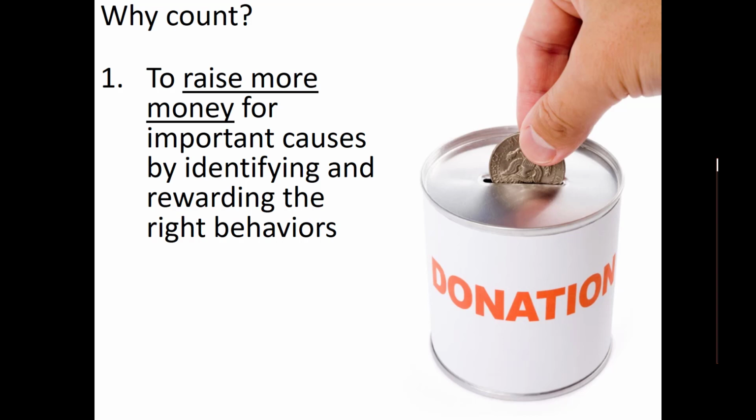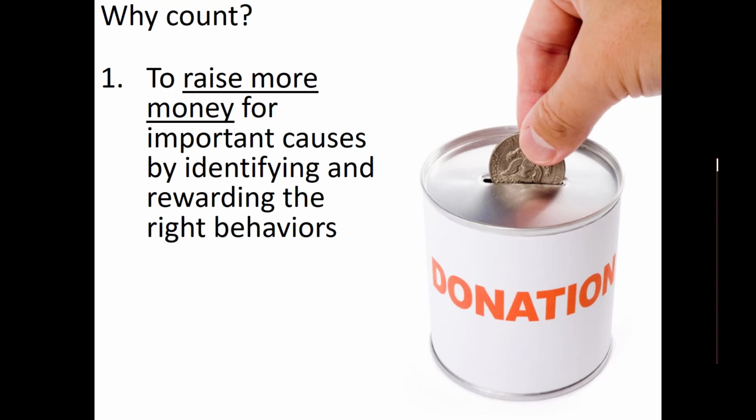One, it is possible that by counting, we can actually raise more money for important causes. This can happen by identifying and rewarding the right behaviors. So this is the technical answer for why we might want to count, which is ultimately that it raises more money, and we care about the causes that various nonprofit organizations represent.